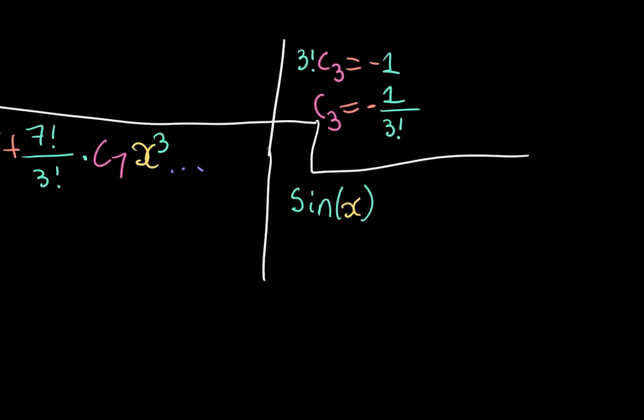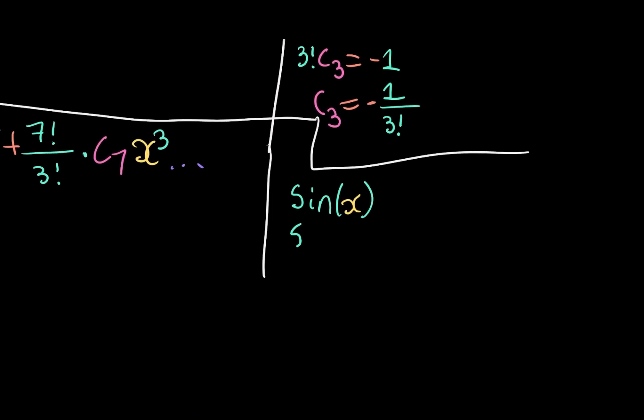All right. Well, let's move on. Sine of 0 is 0.